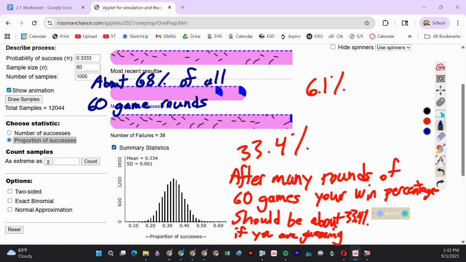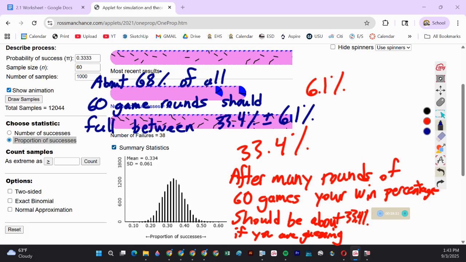About 68% of all 60 game rounds should fall between 33.4% plus or minus 6.1%. Okay. Does everybody get that?